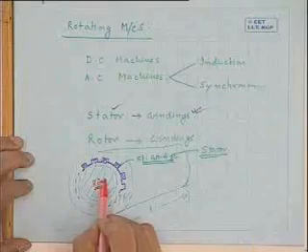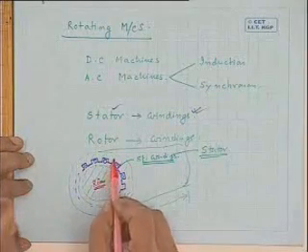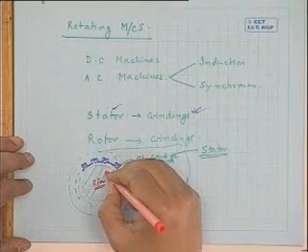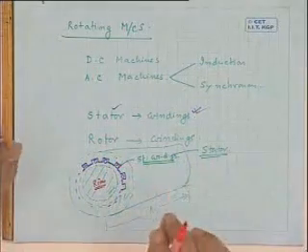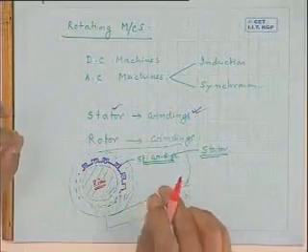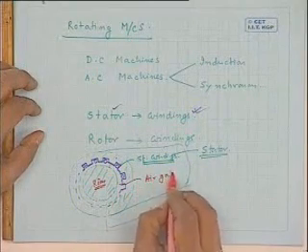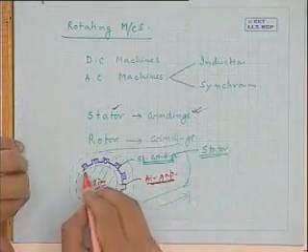In order that the rotor rotates under the influence of some electromagnetic torque or force, it has to move. It can move only when there is an air gap between the stator and rotor, so this air gap cannot be avoided. The portion between the stator and rotor structure is called the air gap of the machine.